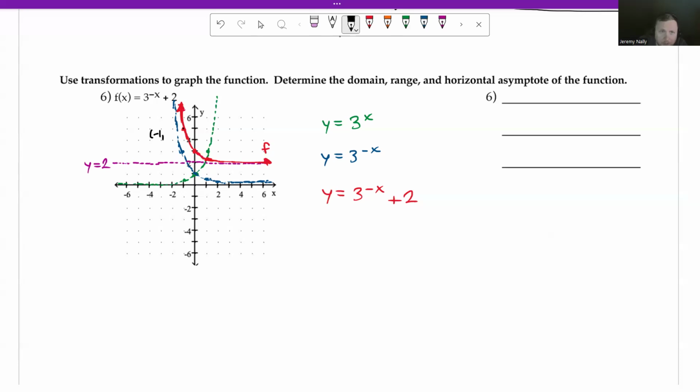So (-1, 5), (0, 3), and (1, 2 plus a third), so that would be 7/3.